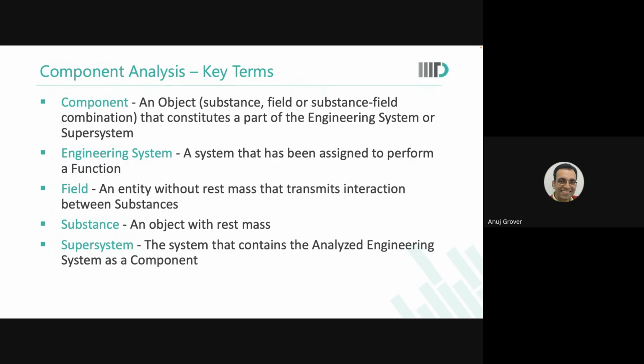What is a field? It is an entity without rest mass that transmits interaction between two substances. Substance is an object with rest mass. So what do we mean by rest mass? Rest mass means that if left as is and you weigh it, there will be some mass.